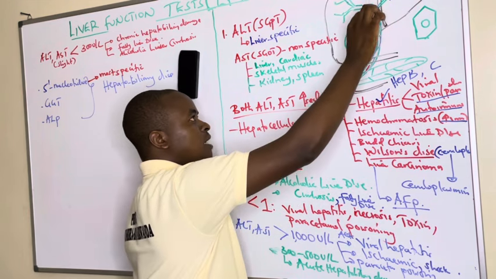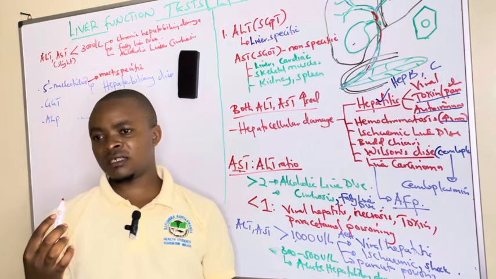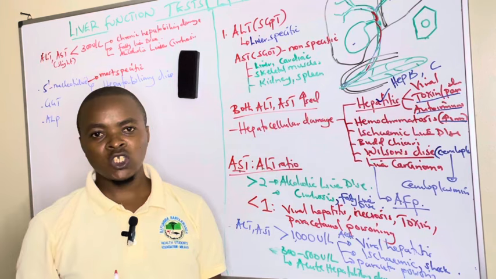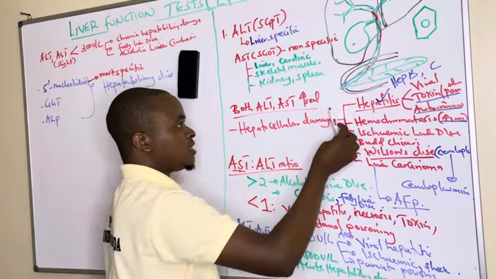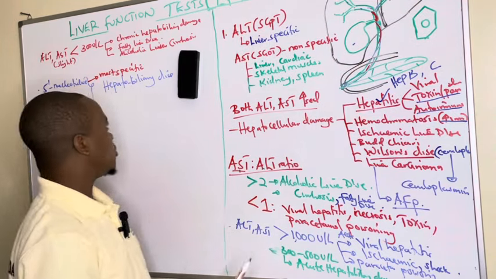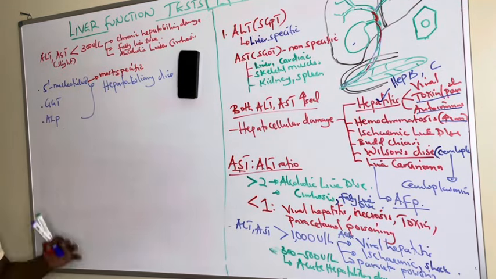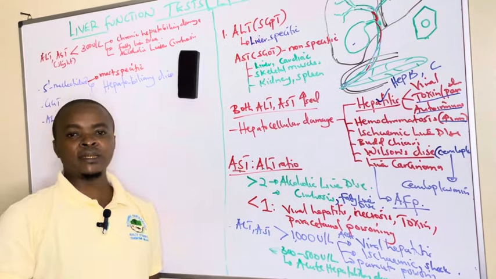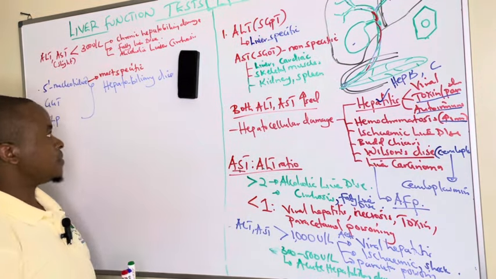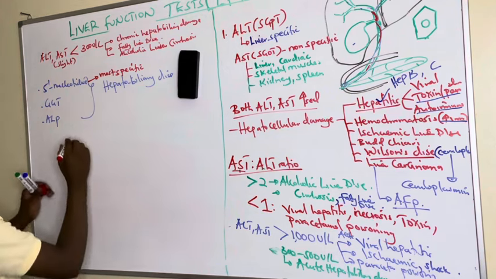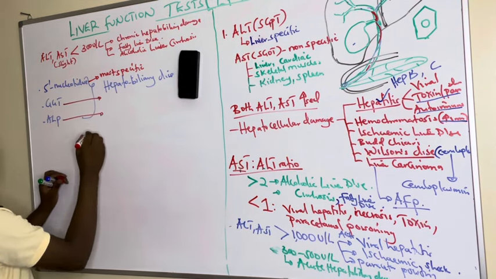So anything that blocks, anything that affects the epithelial lining, because they are produced from the membranes, causes elevation of these three enzymes. But among the three, the one which is most biliary specific is 5' nucleotidase. Then followed by GGT, then ALP comes last.